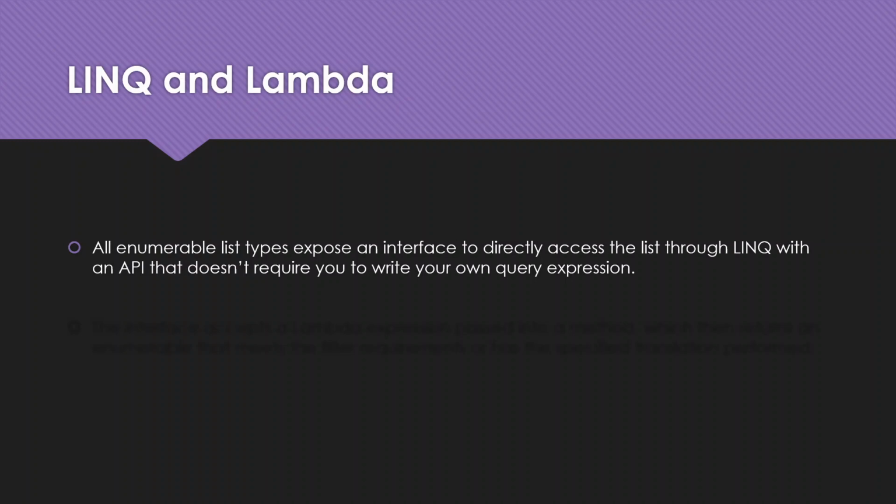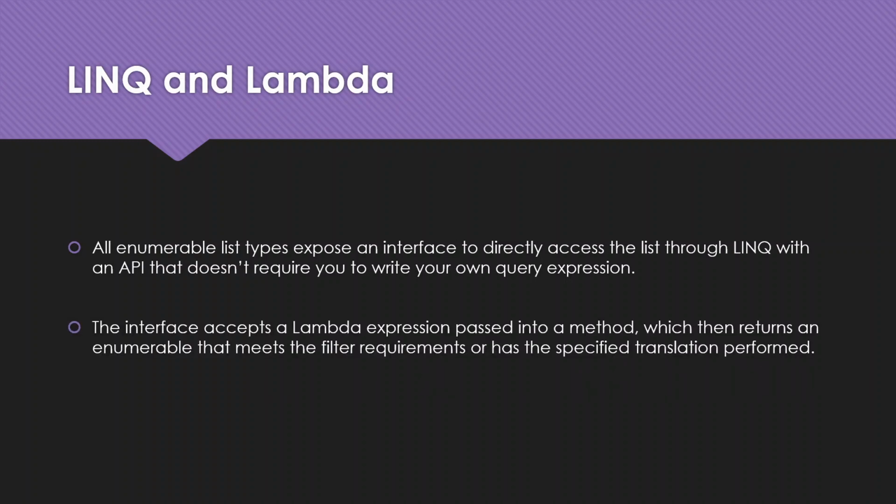All of the enumerable lists in the C# and .NET ecosystem expose an interface where you can invoke LINQ using lambdas in a different API. That API, instead of using LINQ syntax, uses dot syntax to do exactly the same things that we were looking at previously with LINQ.